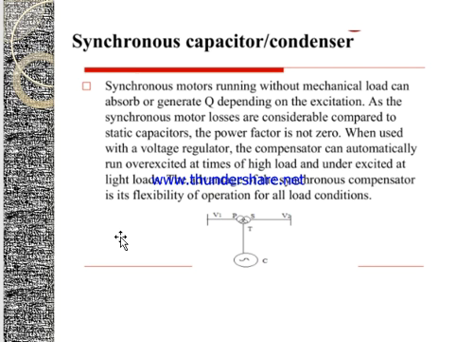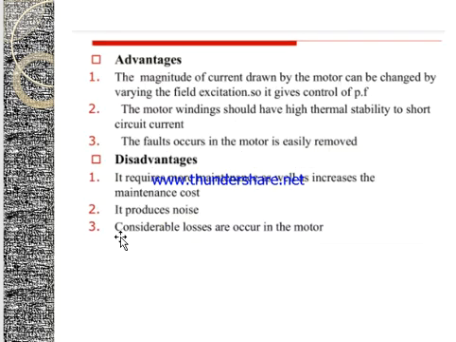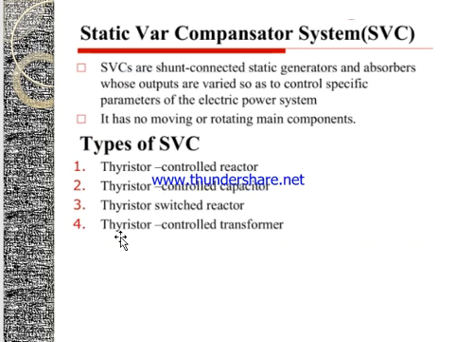When used with a voltage regulator, the compensator can automatically run overexcited at times of high load and underexcited at times of light load. The advantage is that its flexibility of operation can be applied for all load conditions. So it is more advantageous, but the cost of maintenance will be somewhat high and it may produce some noise.